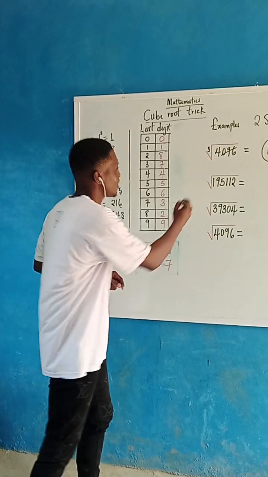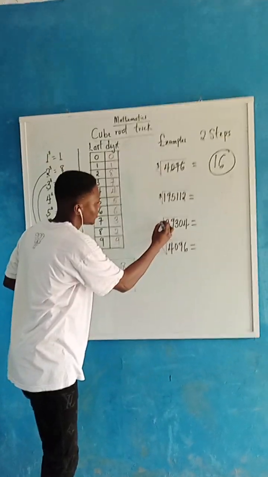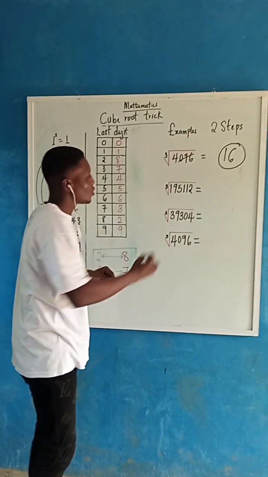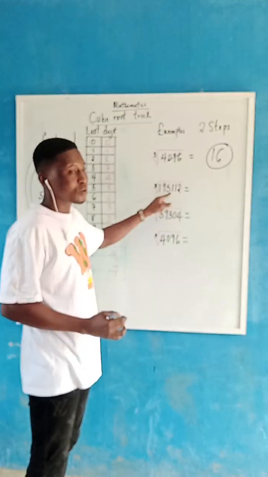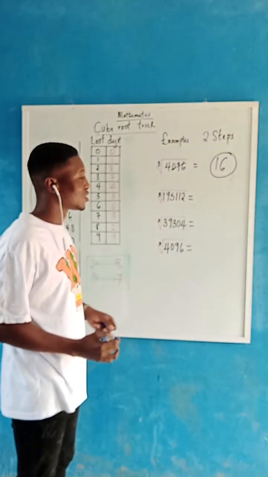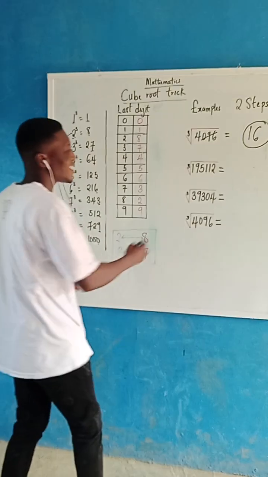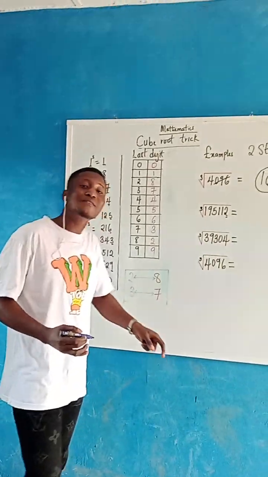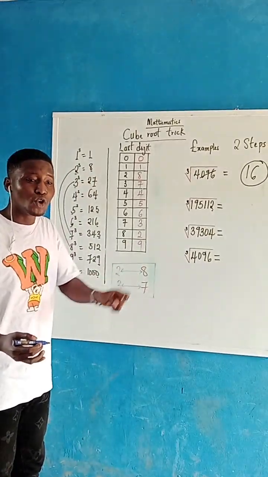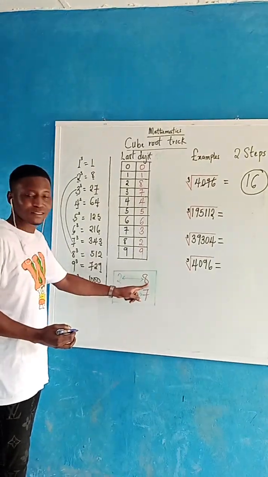So let us look at the second one. The second one, we have 195,112. So the cube root of this. So the first thing we are going to do is we look at the last digit. The last digit here is 2. And we said that whenever the last digit is 2, then you can find it at 8.